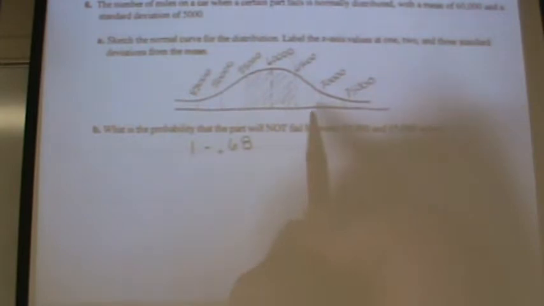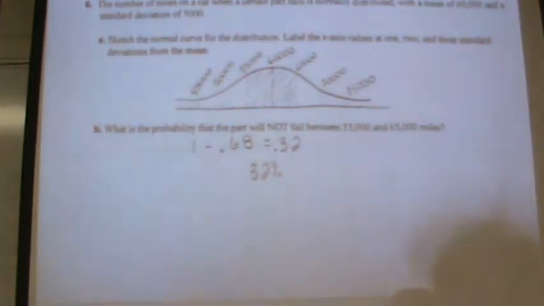And that's going to give us this remaining area, or this remaining percentage. And that's going to give us a remaining 0.32. So there's 32% remaining. So there's a 32% chance that this part will not fail between 55 and 65,000 miles.